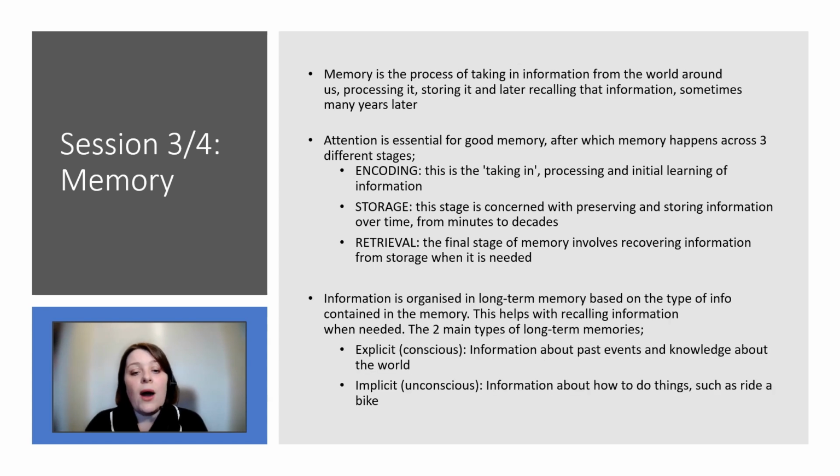We also talked about how information is organised in long-term memory based on the type of information that's contained within the memory. This helps us to recall the information when we need it. The 2 main types of long-term memories that we talked about were explicit memories, which is conscious information. So this could be past events or knowledge about the world, and implicit or unconscious memory, which is information about how we do things, such as riding a bike.